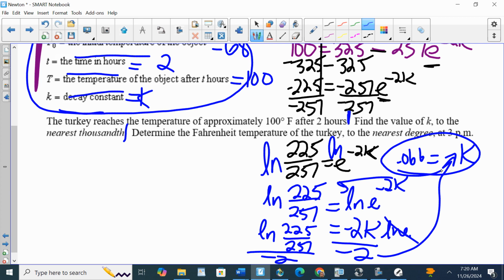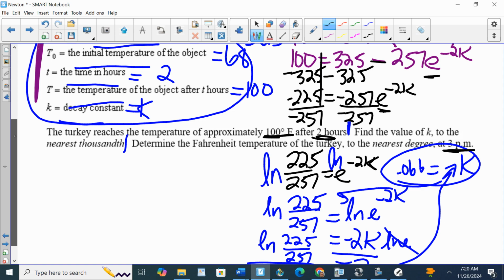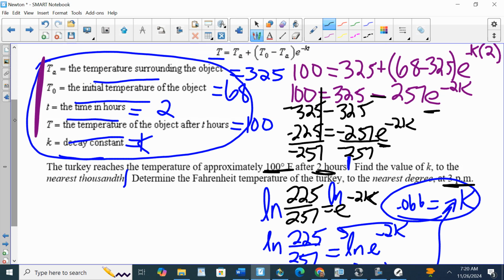However, there's another question. Now it says determine the Fahrenheit temperature of the turkey at 3 p.m. So now this second question has nothing to do with this 100 and this 2. It has to do with the information that it gave me. Now it's talking about 3 p.m. So the temperature surrounding the object is still 325.